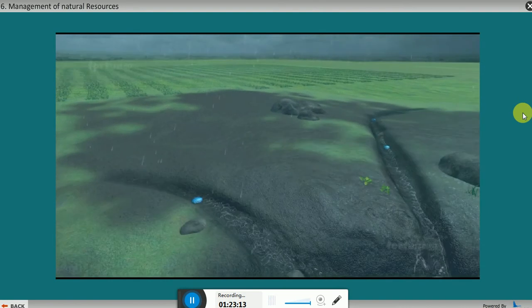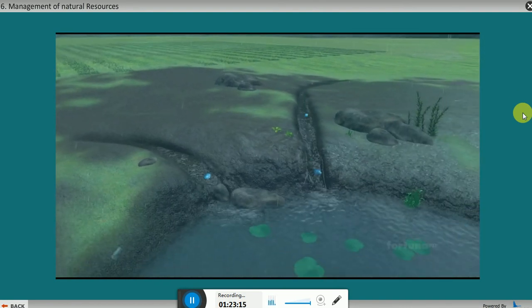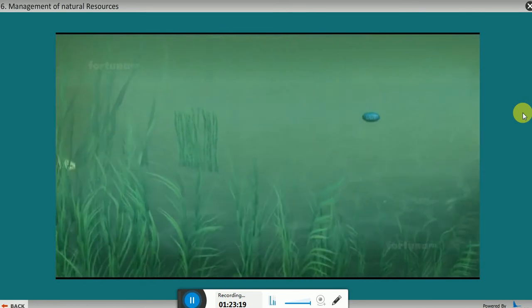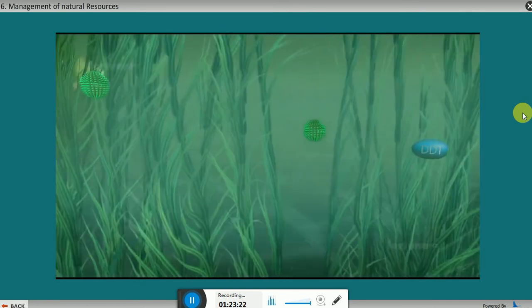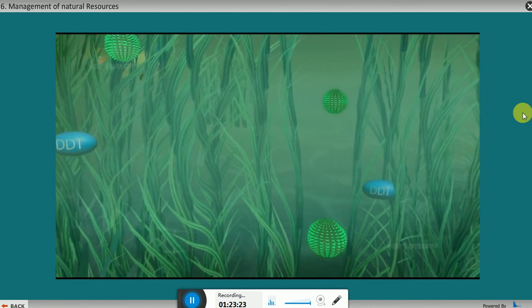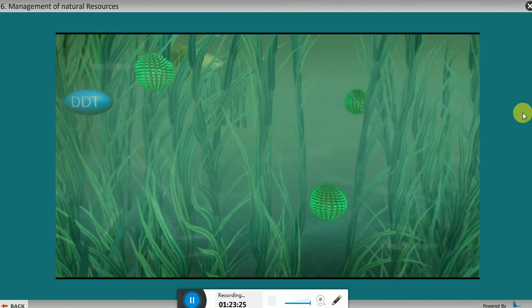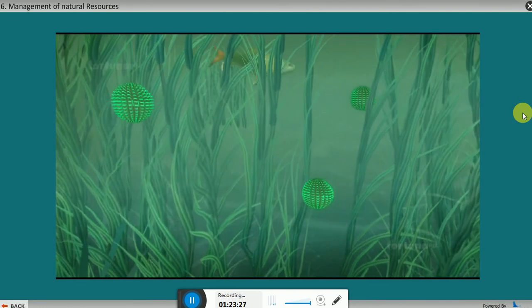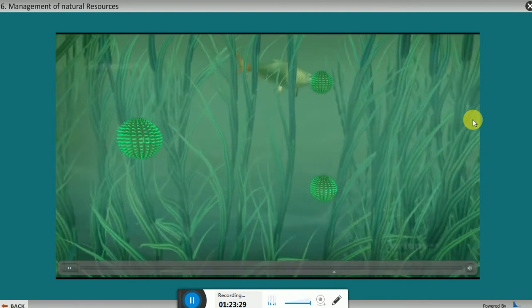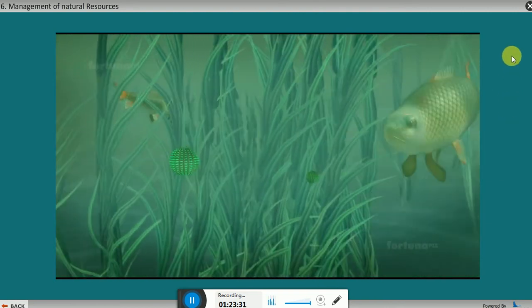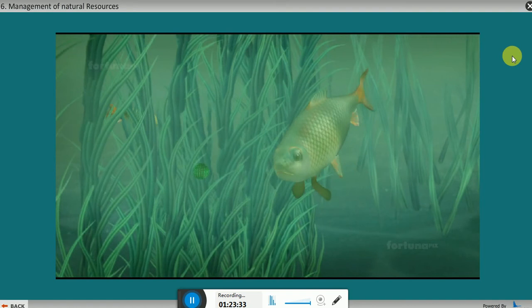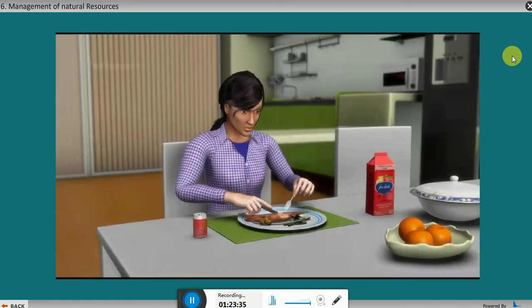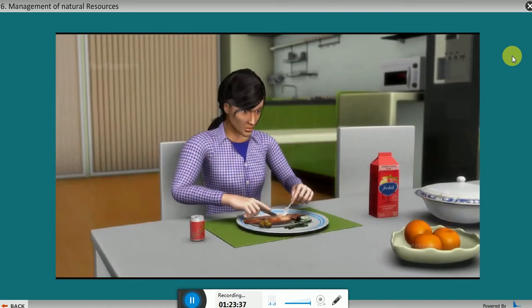Excess growth of algae, called algal bloom, will deprive fish and other aquatic organisms of the necessary oxygen, resulting in their death. Similarly, chemical pesticides from agricultural fields may run off into nearby water and contaminate the aquatic organisms. The pesticides can enter the human body through the food chain and cause harm.